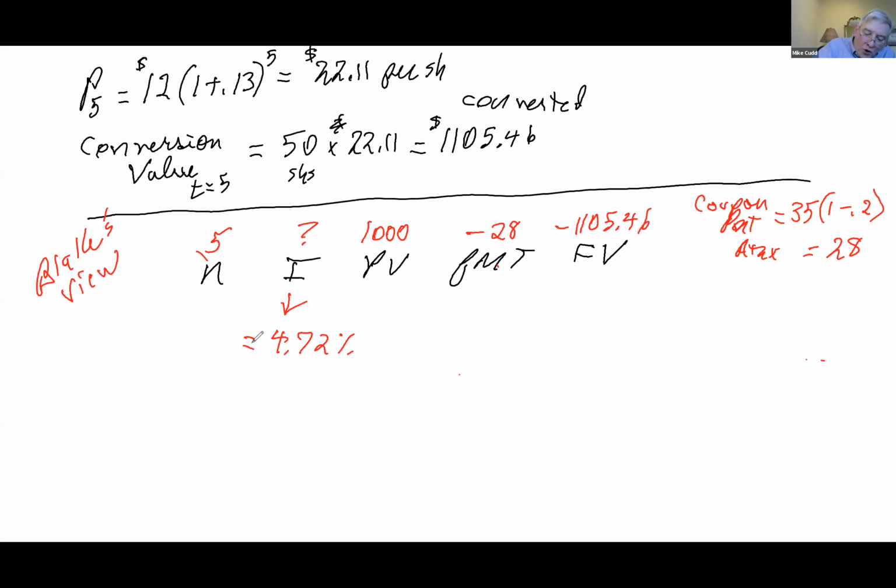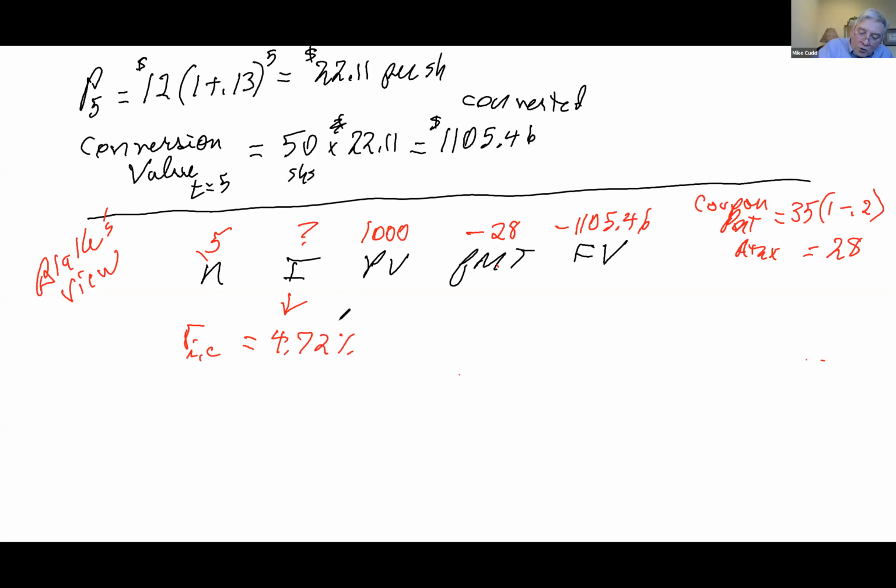And that's what the author would call the after-tax cost of convertible bonds. If they went to a bank and borrowed $1,000, had to pay $28 a year for 5 years, plus $1,105 in the 5th year, the interest rate on the loan would be 4.72%.